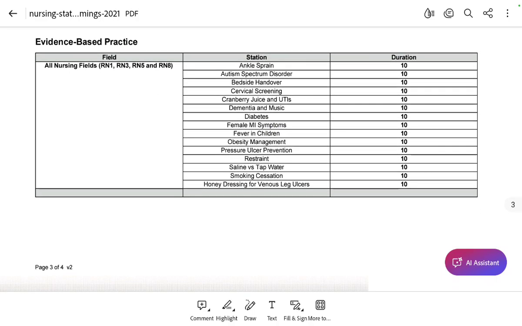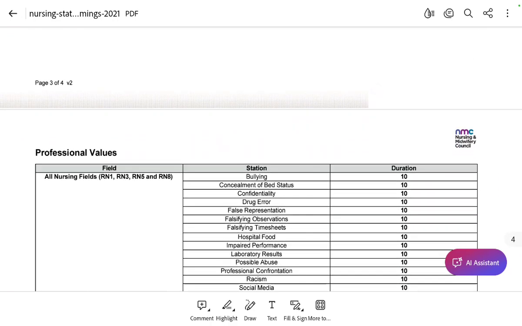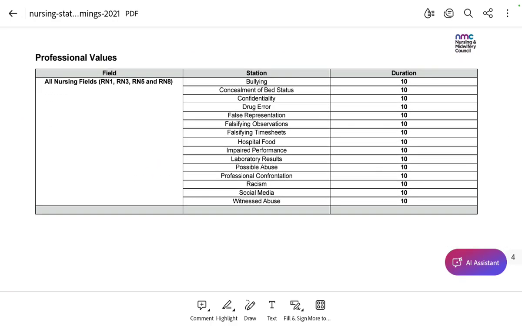Then you will write that you will explain to the patient that paracetamol is safer in relation to his past history, and so on. Just simple like that. You will have 10 minutes to write these, and then you will go for the professional values station.